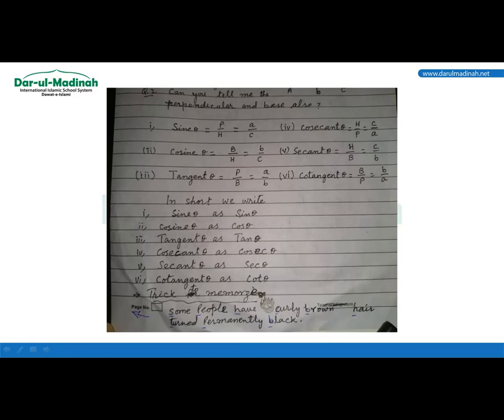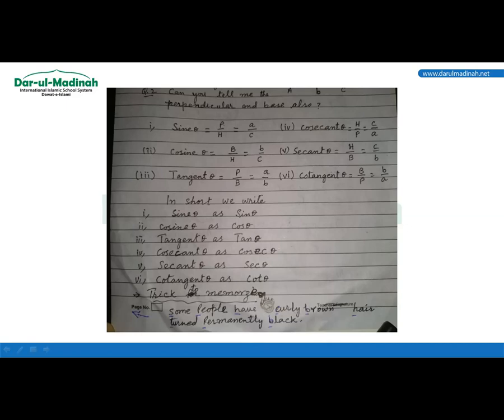And turn permanently black, you can get the value of tan theta from this. T stands for tan theta, P is perpendicular, and B is base. So tan theta is equal to perpendicular upon base.